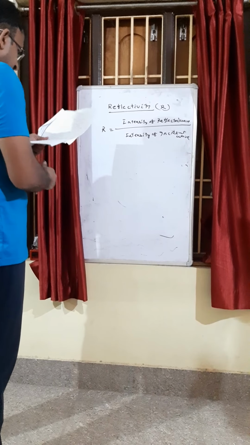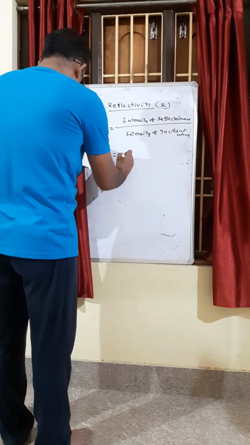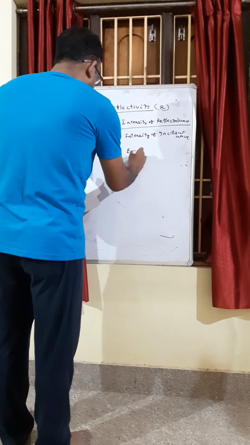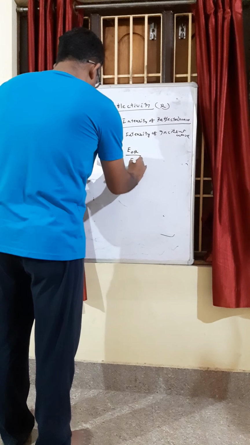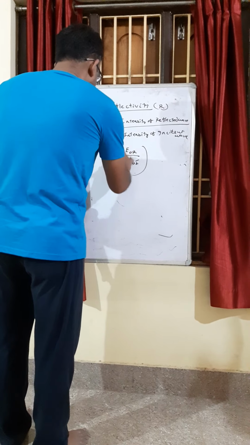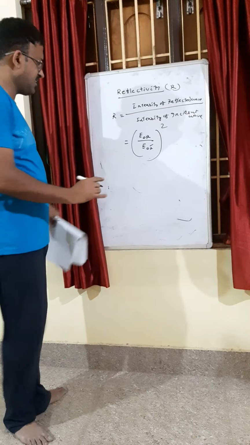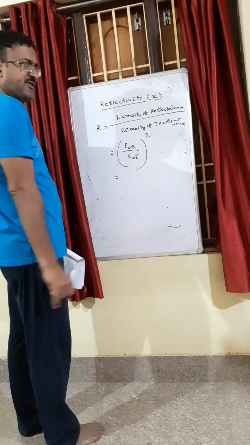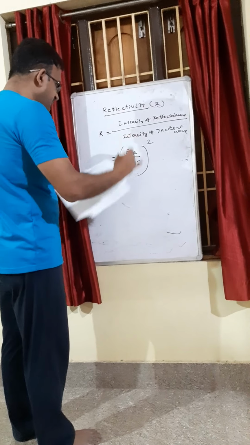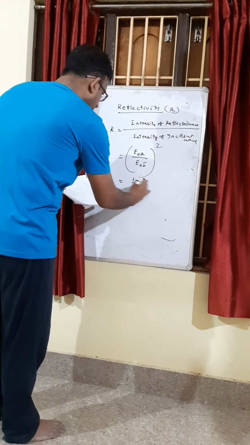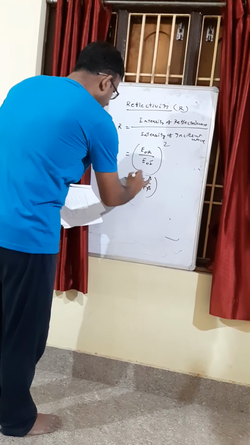The reflectivity will be simply the ratio of the square of the amplitude of the reflected wave to that of the incident wave, and we have already obtained these expressions. In terms of beta, this will be (1 minus beta) by (1 plus beta) whole square.